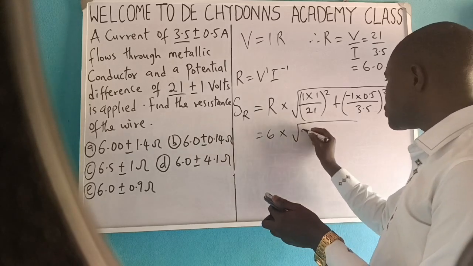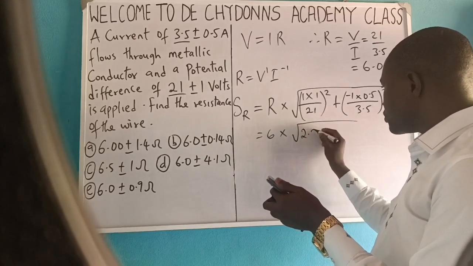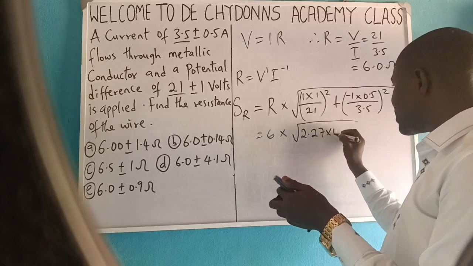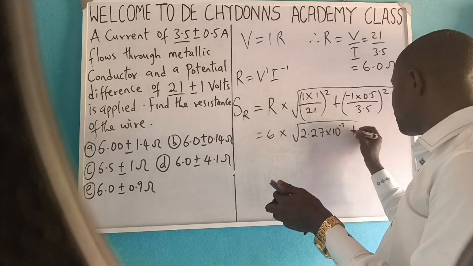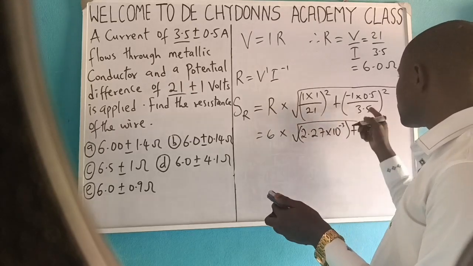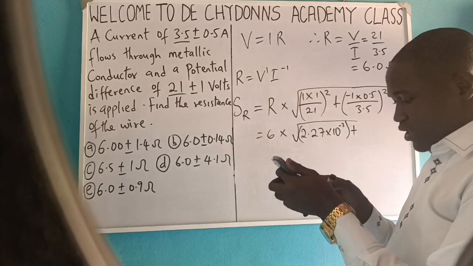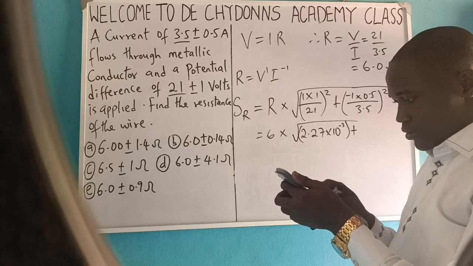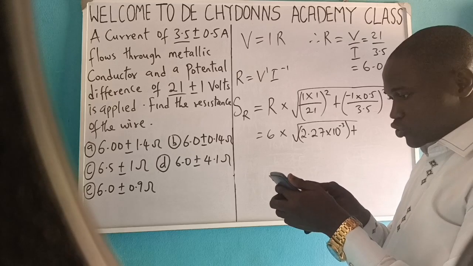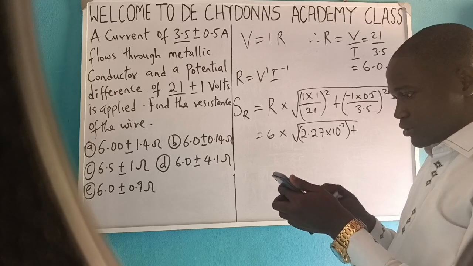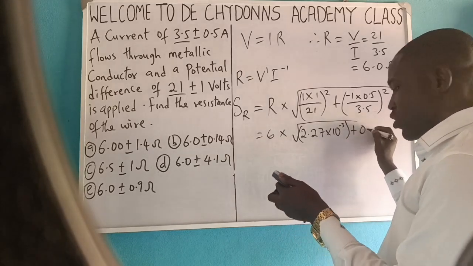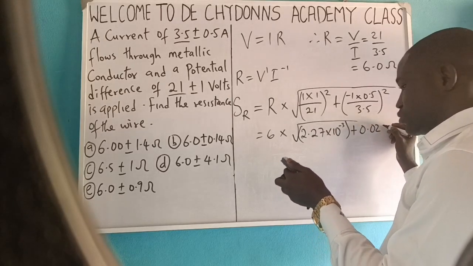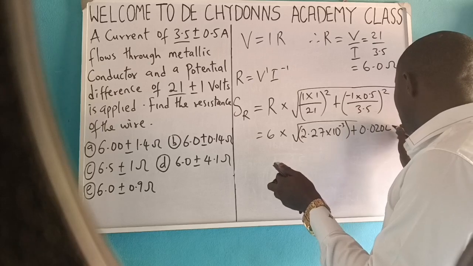I'll be having 2.27 times 10 raised to the power minus 3 plus this one will be giving me, square it, I'll be having 0.0204.